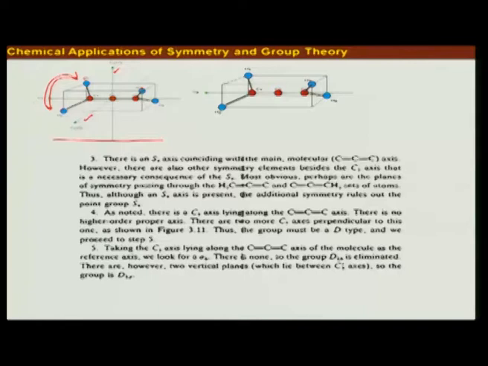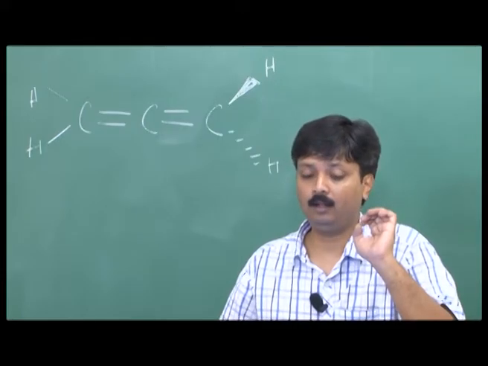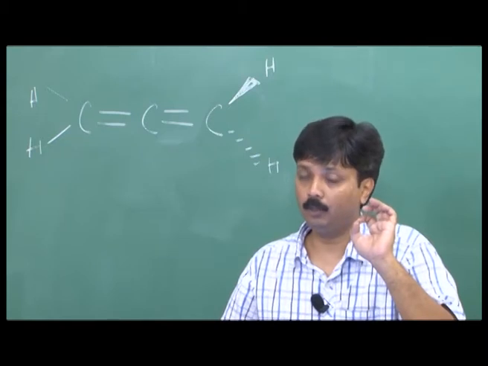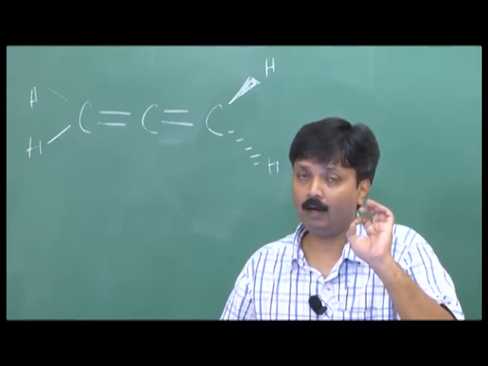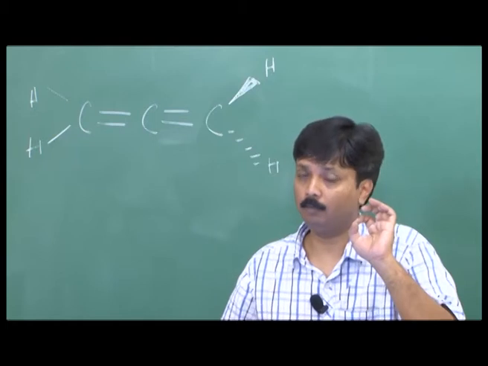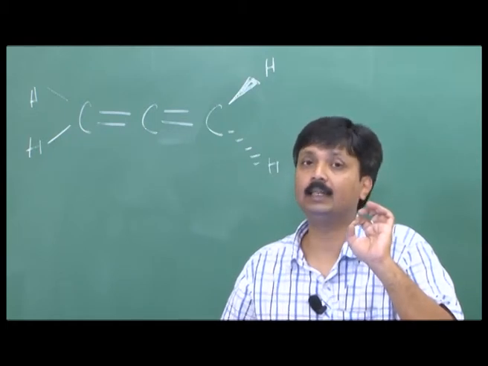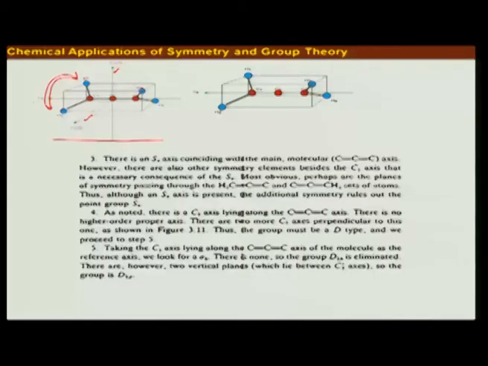Here you have to be a bit careful, because one clause was there: are there multiple axes of higher order of rotational axis? Here you have to keep in mind that higher order means n is greater than 2. Now here I have altogether three C2 axes.